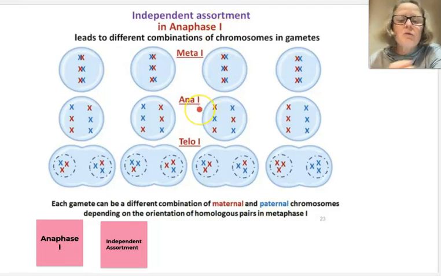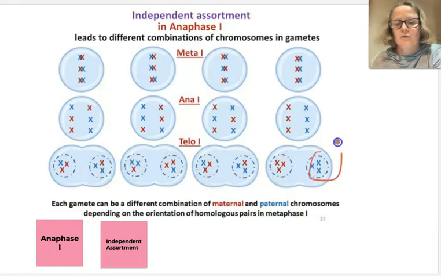And that means when you pull the chromosomes apart to different ends of the cell, you're going to end up with a different pattern for the different sperm options or egg options. So you can see the different patterns. So we end up with different options. We could end up with 1 blue, 2 reds, 1 red, 2 blues, or we could end up with all reds, all blues.